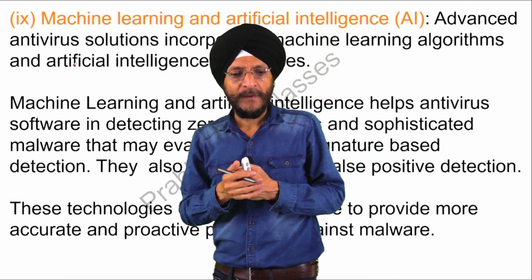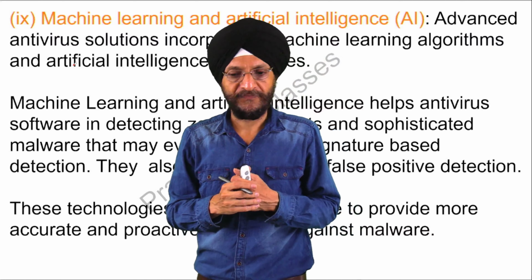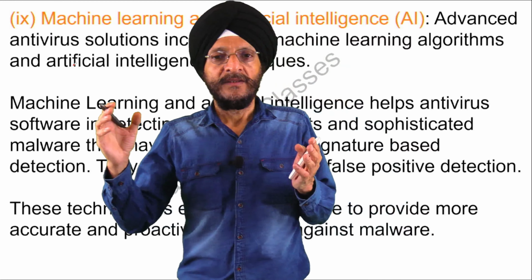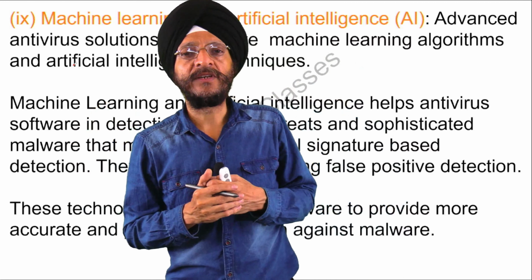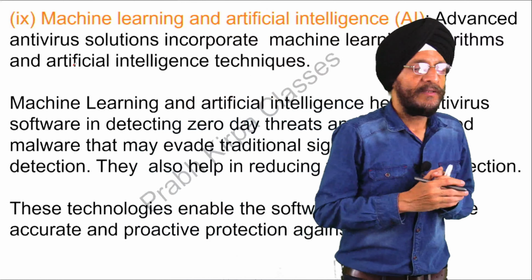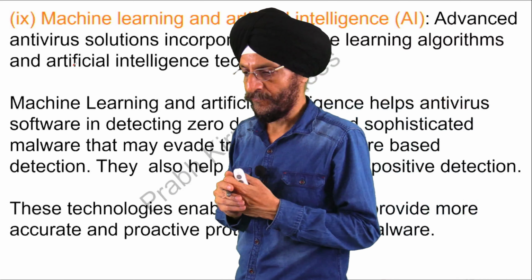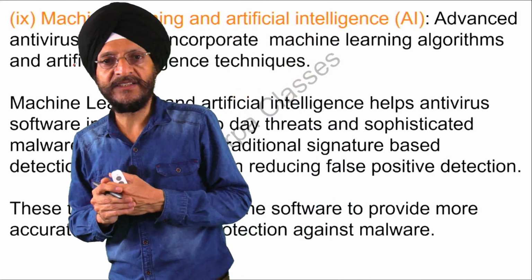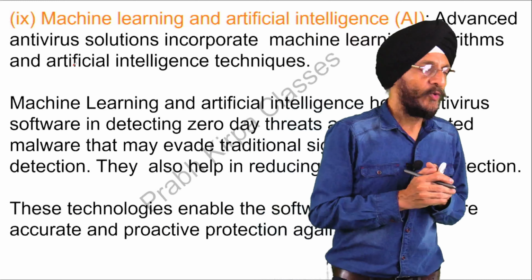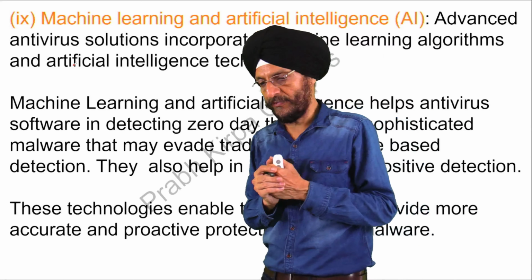Next is machine learning and artificial intelligence. Cyber criminals are making use of machine learning and artificial intelligence to devise or develop new forms of viruses and malicious software.